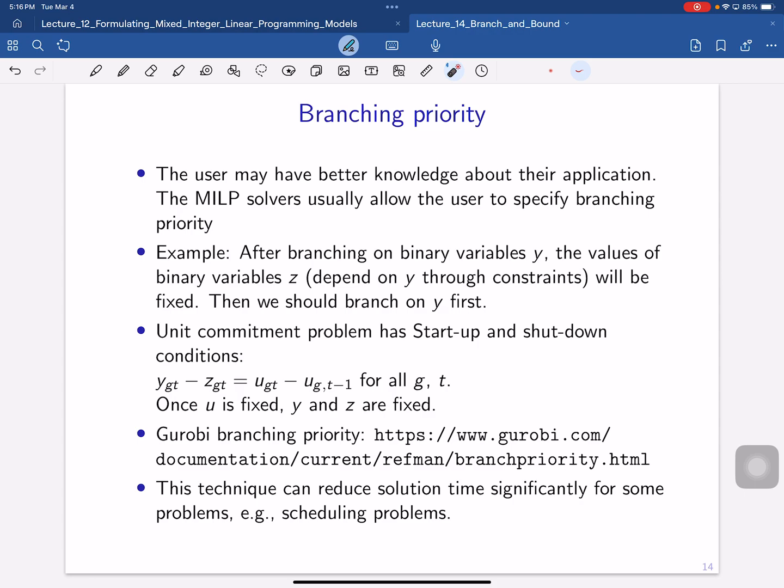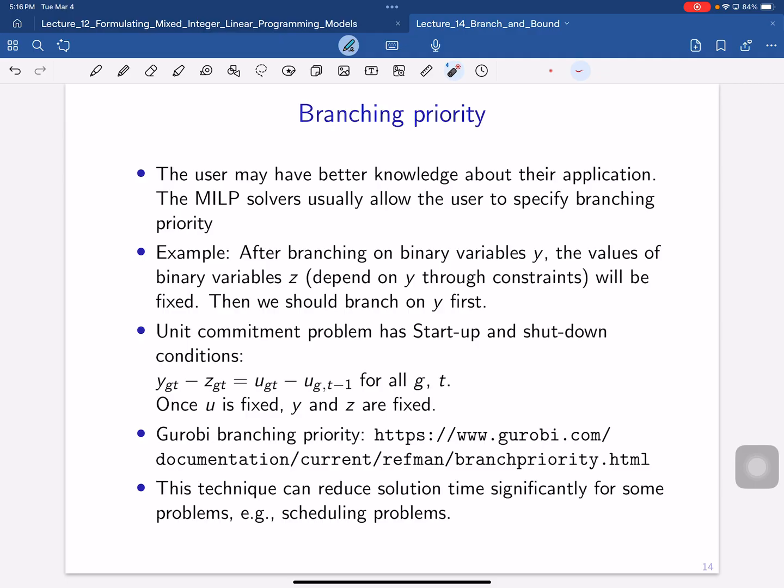Another topic I would like to talk about briefly is so-called branching priority. In some problems, the user may have a very good idea on which variables we should branch on first compared with the other variables. Maybe I can give you an application of that.